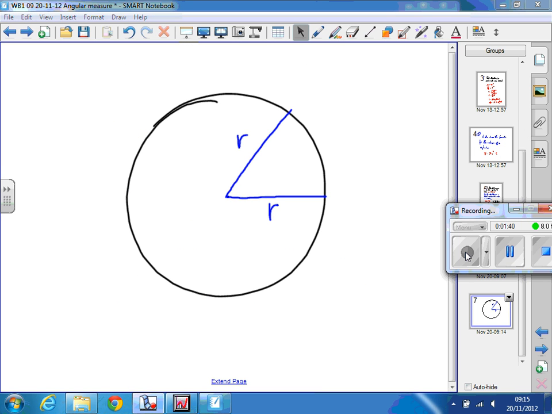So if we draw a circle with radius r, and I measure an angle so that this distance here, from there to there, which is called the arc length, and we use the symbol S to represent arc length.